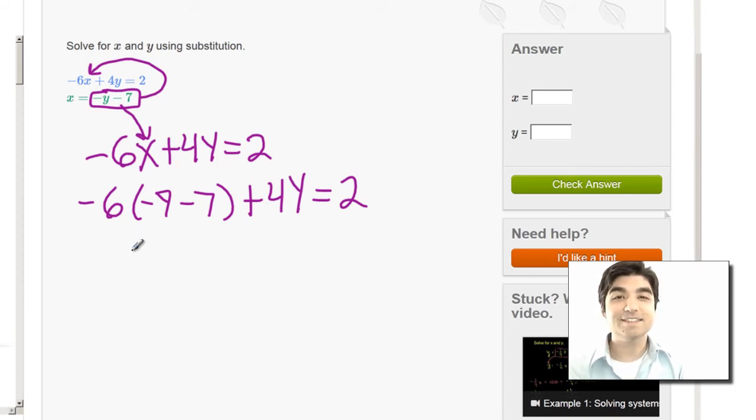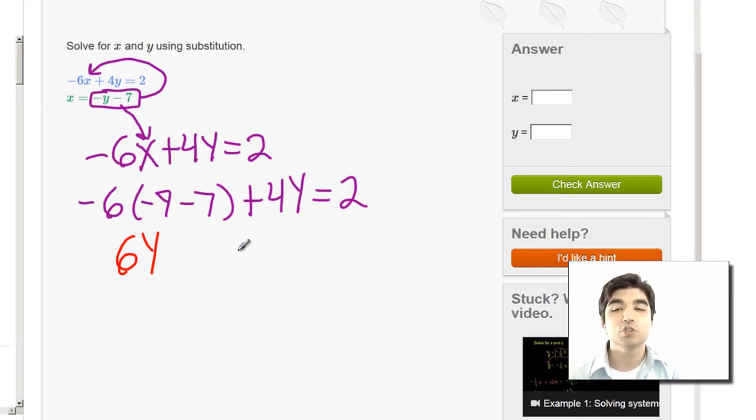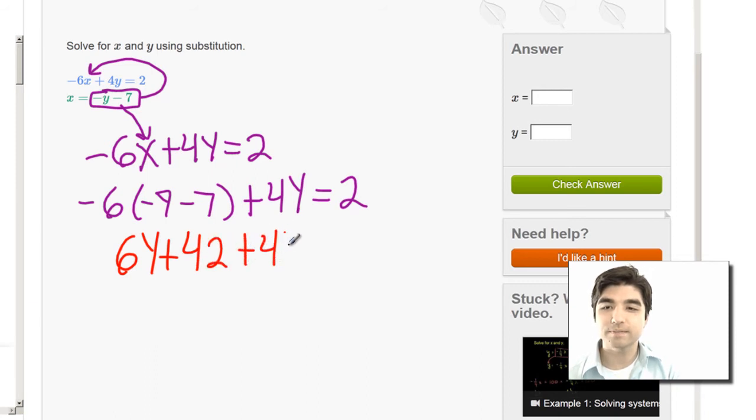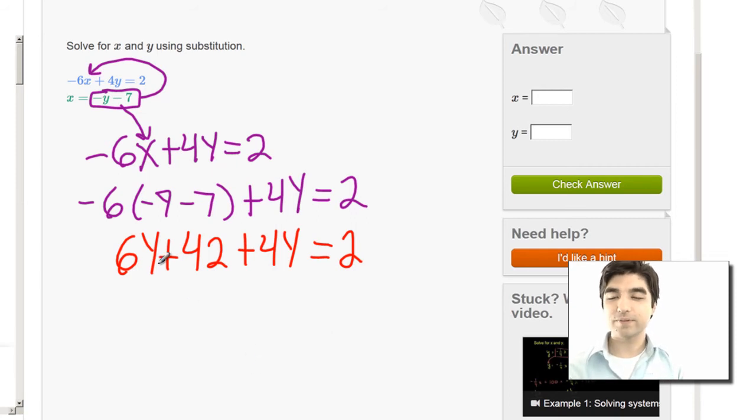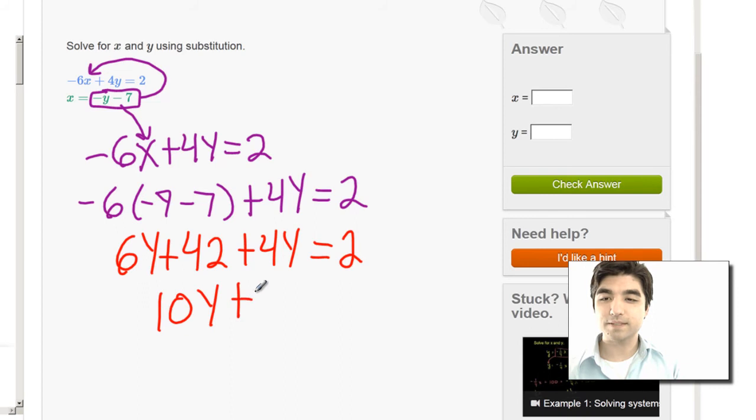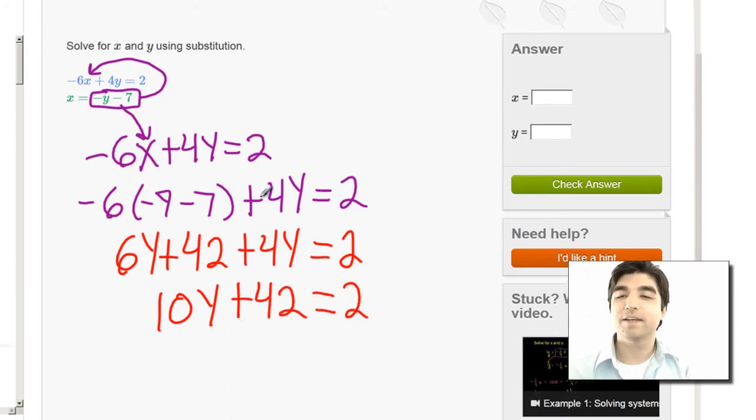Okay, so we got negative 6 times negative y equals 6y. Negative 6 times negative 7 equals plus 42. And then plus 4y equals 2. So we got 6y plus 4y equals 10y plus 42 equals 2.